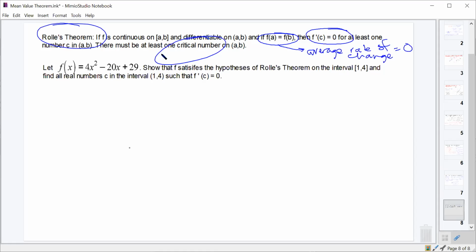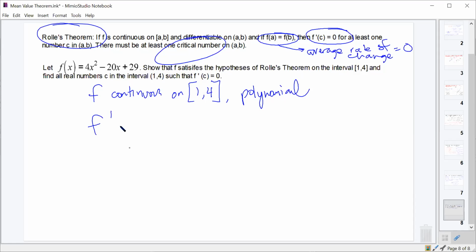All right, cool. So let's see if this function, 4x squared minus 20x plus 29, satisfies the hypotheses of Rolle's theorem on the interval from 1 to 4. So first off, is f continuous on 1 to 4? Yes. Yep, and why? Because it's a polynomial.